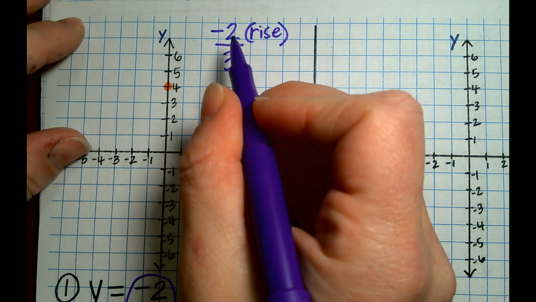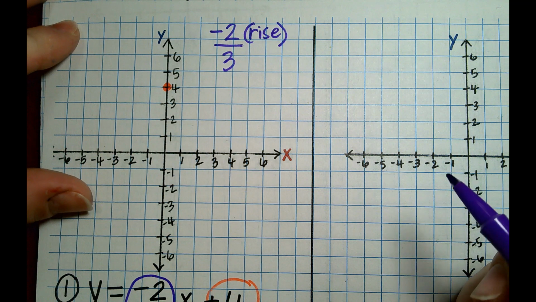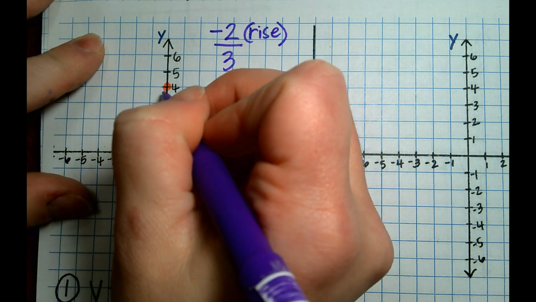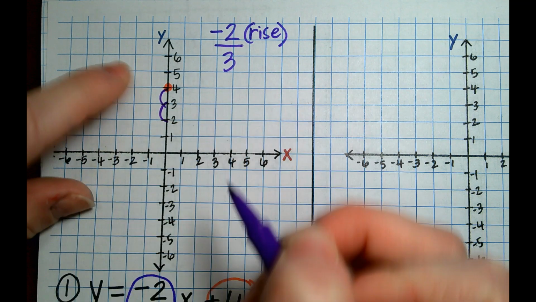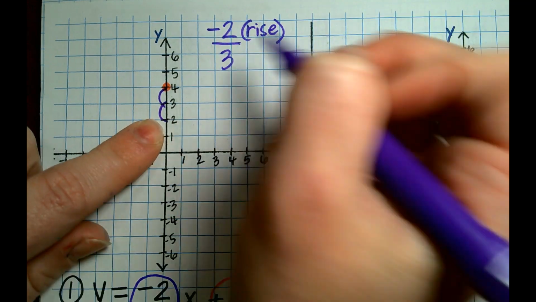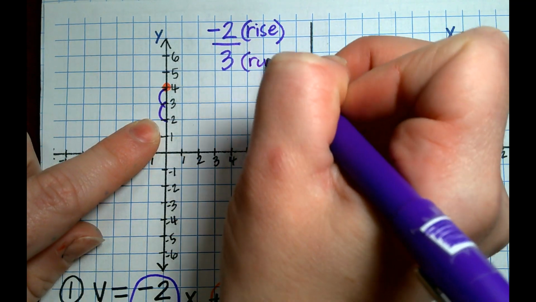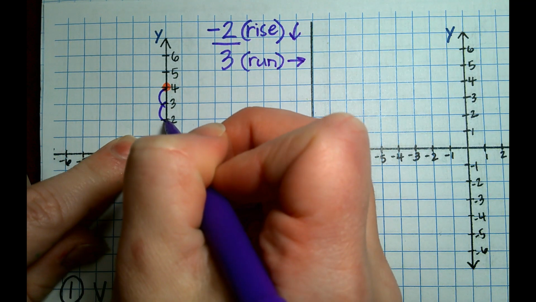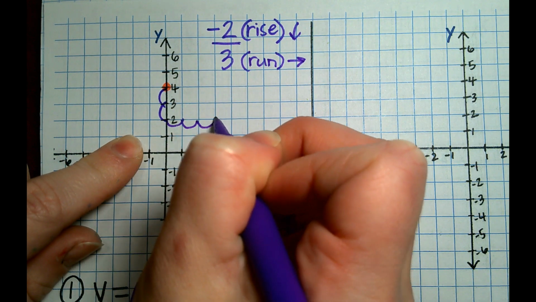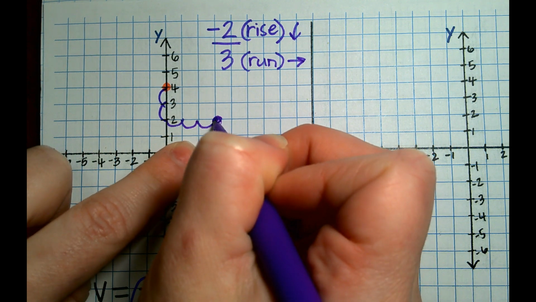Since our rise is negative 2, do I go up or down? Down. So I'm going to go from my first point down 1, 2. Over 3. Yep, and then my 3 is the run. So we go over 3 to the right. 1, 2, 3. And that is my second point.